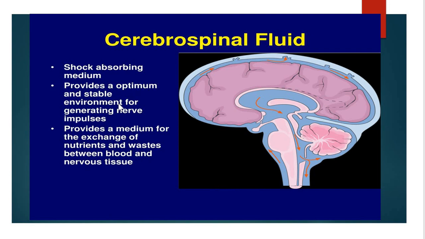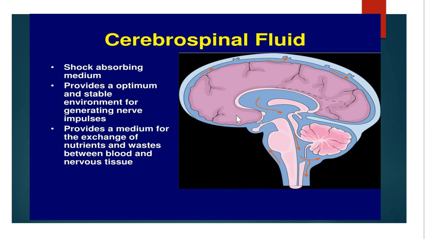Cerebrospinal fluid maintains constant pressure in and around the brain. ब्रेन के बाहर और ब्रेन के अंदर ये एक प्रेशर को मेंटेन करने में हेल्प करता है. It also helps in the exchange of nutrients and waste between blood and nervous tissue. So it acts as a transporting channel.